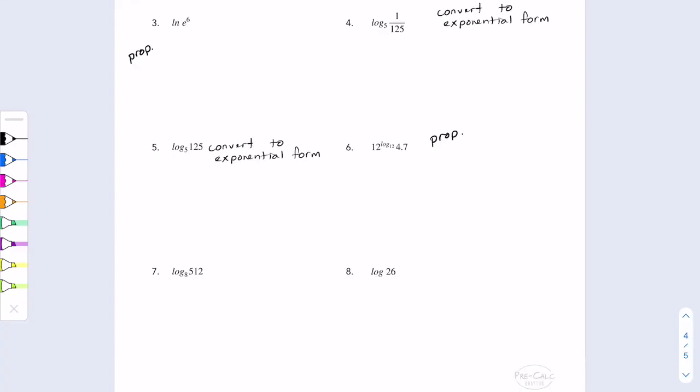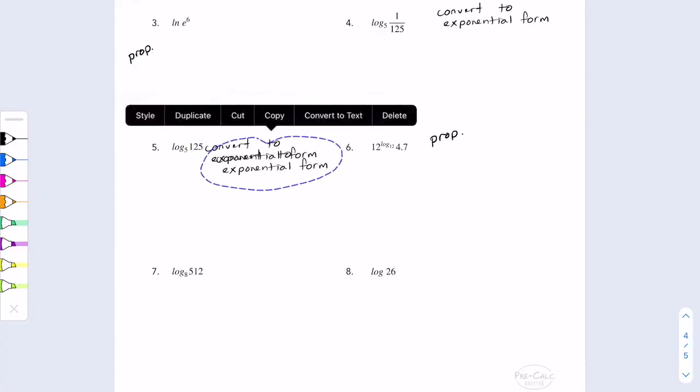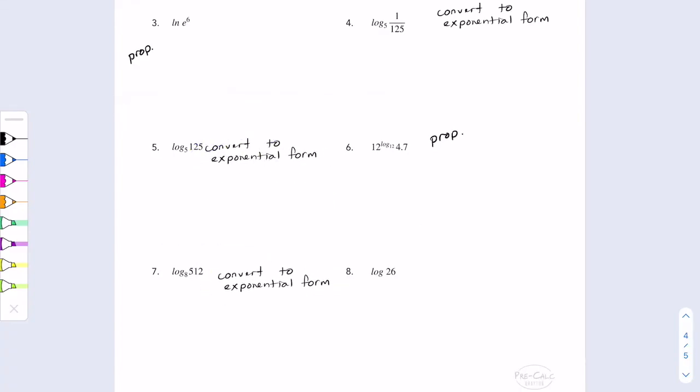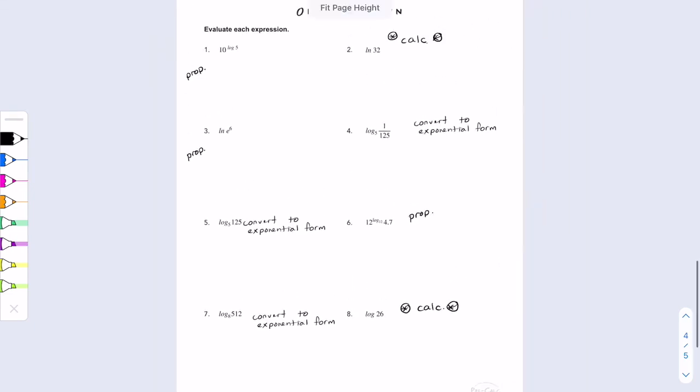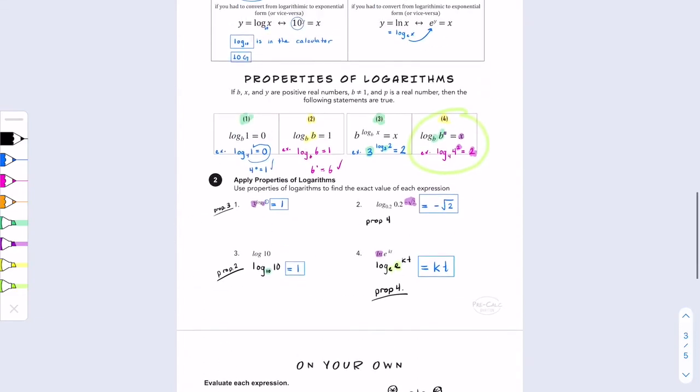Number 7 looks like something you're going to have to convert to exponential form again. And number 8 is the common logarithm, so for number 8, you're just going to have to evaluate using your calculator. Okay, so again, you have some using the common log, some using the natural log, some converting to exponential form and solving, and some of them just using one of these 4 basic properties.